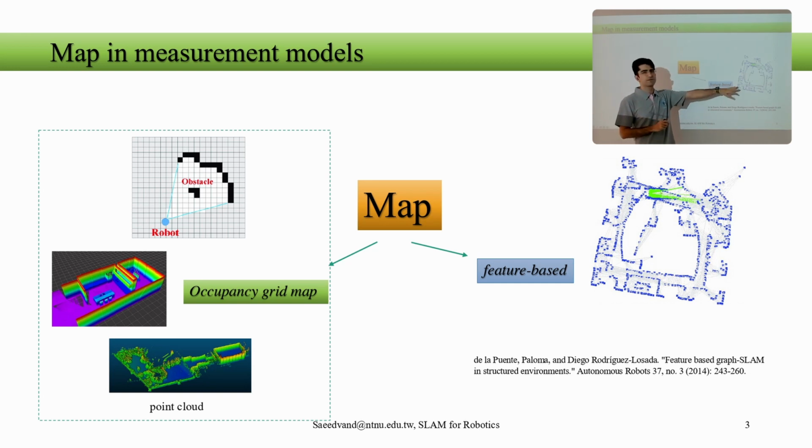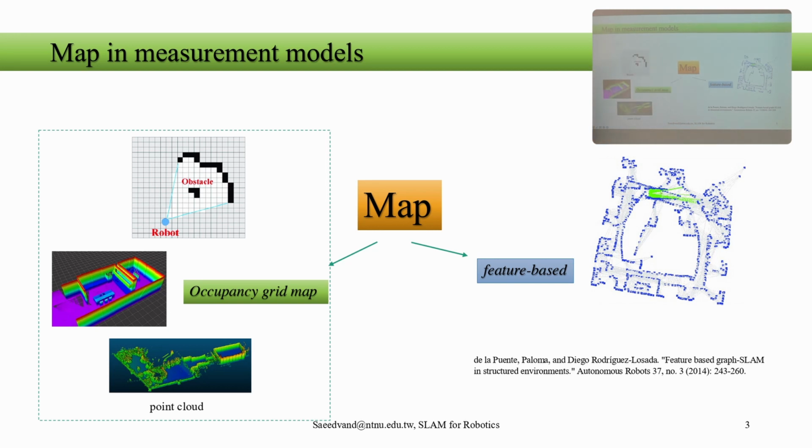Then you extract some features like corners, edges, or other identifiable features that can later be matched with the next frames over time. So this is called a feature-based map, and we have lots of different algorithms and techniques that work with it. Later on we are going to see them.